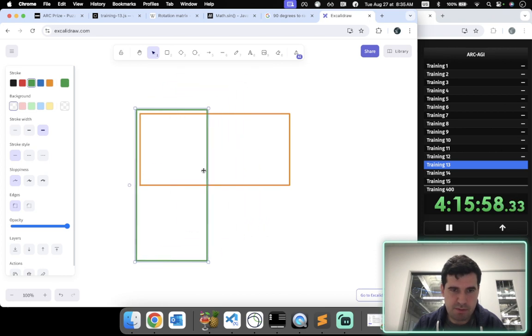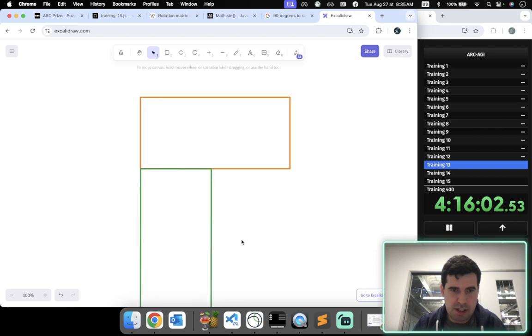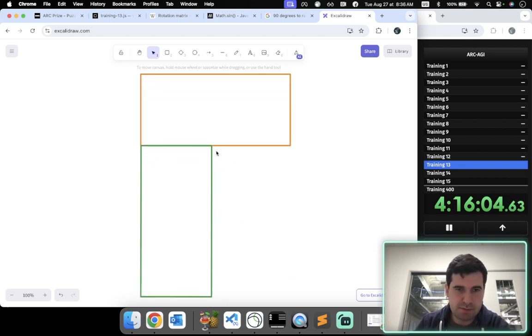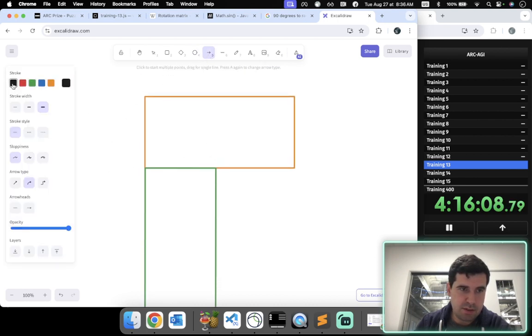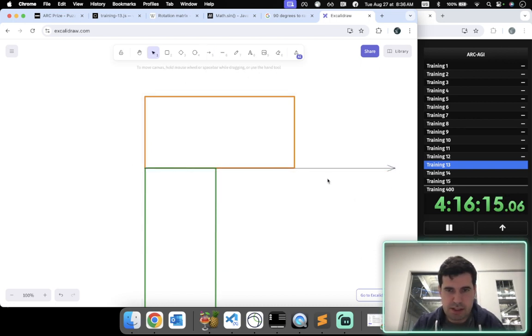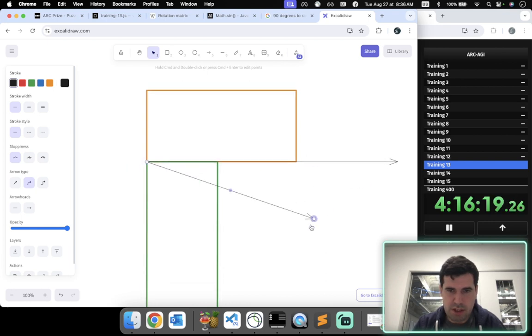So we start with this one, and then it's going to be rotated like this. This is the x-axis, and this is the y-axis.